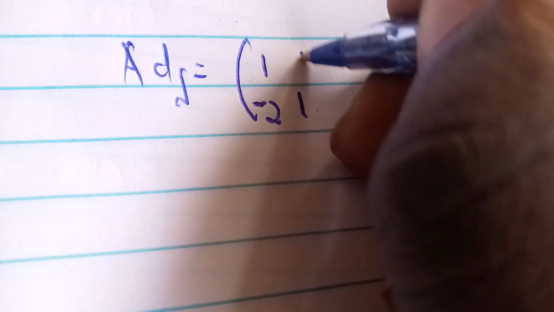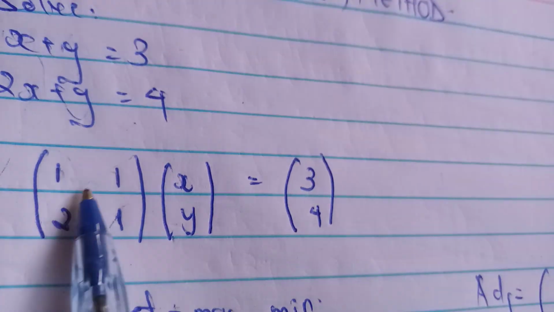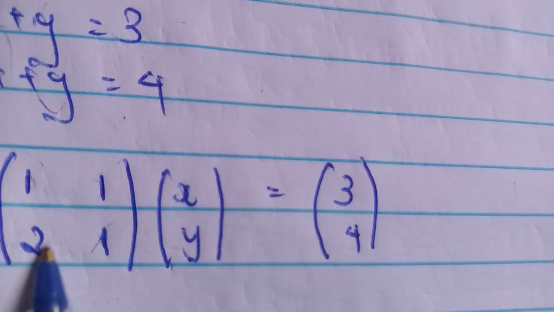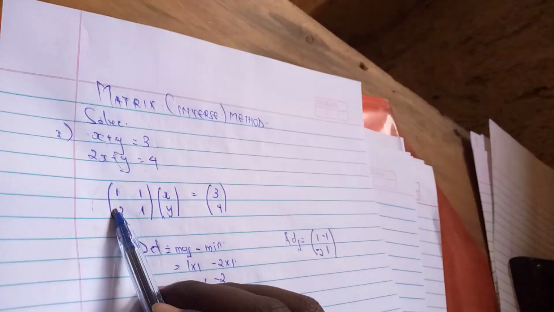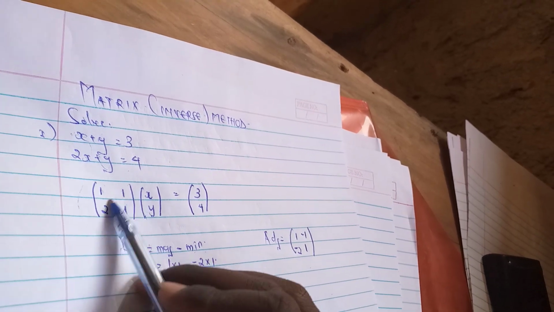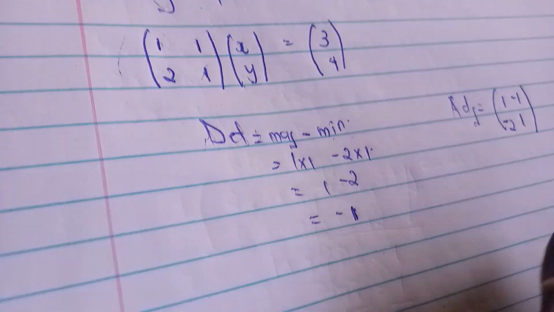Remember this is 2, so it's positive, it will become a negative, and this is 1, it will also become a negative. That is the adjoint for this. In case they were negative, they all become positives. In case one of them was a positive and one of them was a negative, they just change the signs. So let's continue and solve this equation.